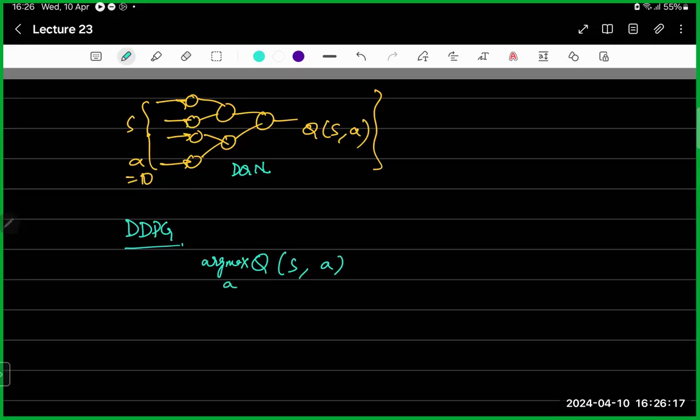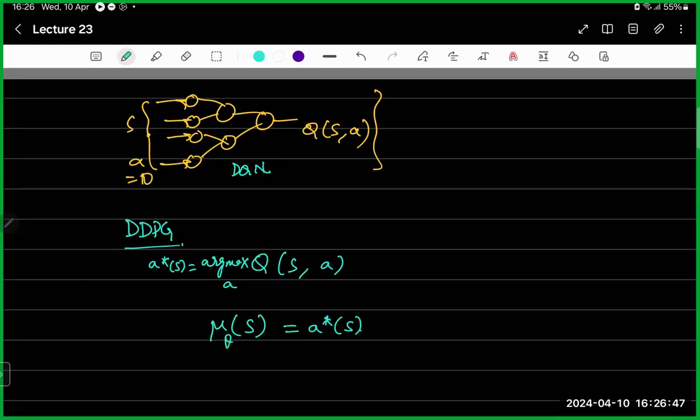So let's say someone gives you a Q function. We want to find the maximum argument according to that. If I call this a star of s, I'm trying to find a function which will directly give me a star of s.